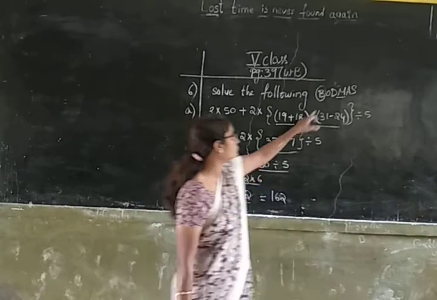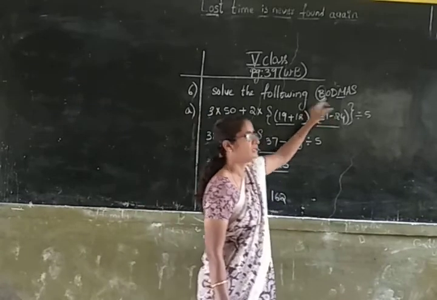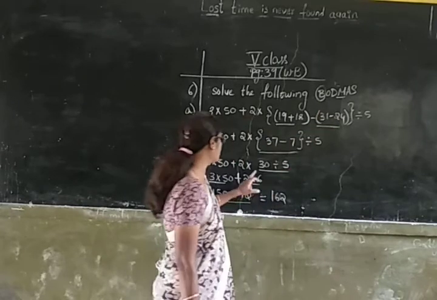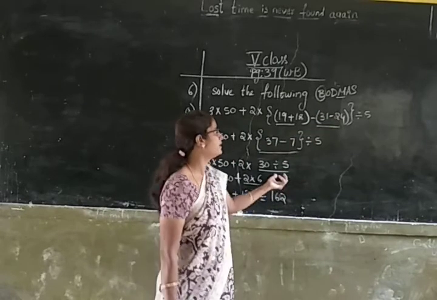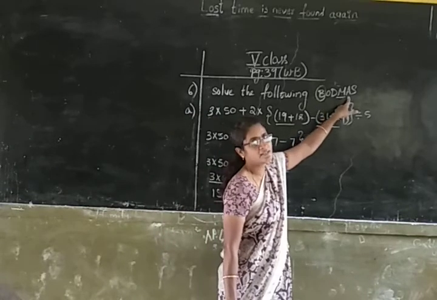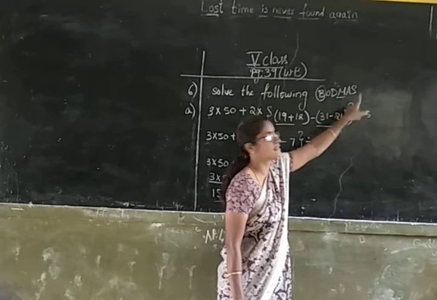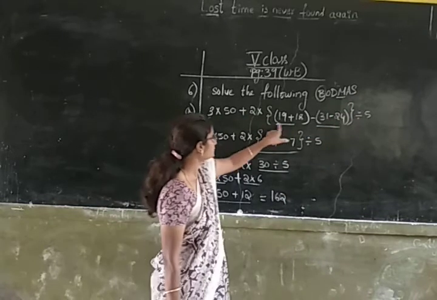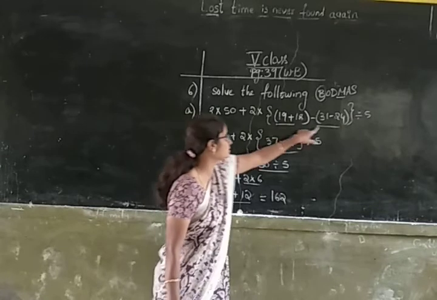After that we have to see for the terms of off. If there are no terms of off, then we have to move to the division. Here there are terms of division. After dividing, next what we have to do? We have to do the multiplication, and then we have to do the addition, and at the last we have to do the subtraction.